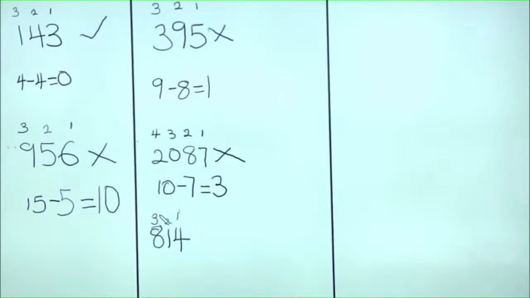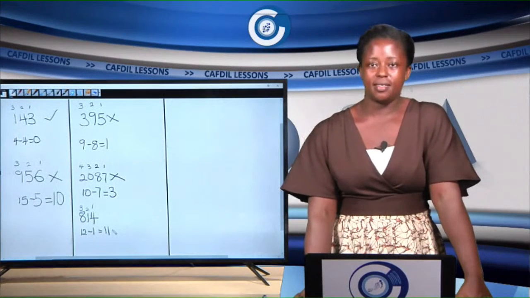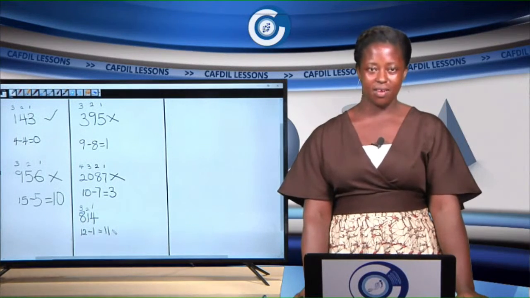We're going to add all the numbers at the odd places. So we have 4 and then 8. 4 plus 8 is 12. Minus the number at the even place. It is 1. And 12 minus 1 will give us 11. Learners, is 11 divisible by 11? Yes, 11 is divisible by 11.